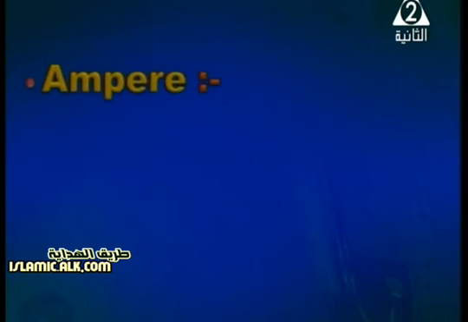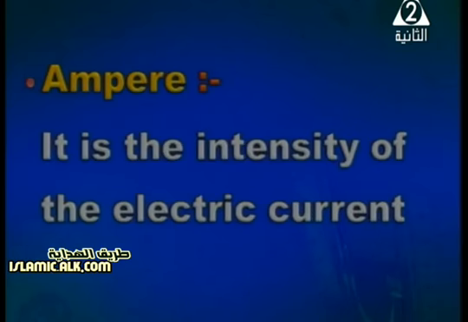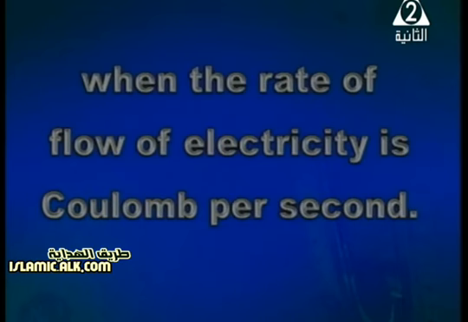It is the unit of current intensity, so we should start with current intensity, the intensity of the electric current. When the rate of flow of electricity is 1 coulomb per second. This was about the definition of ampere.